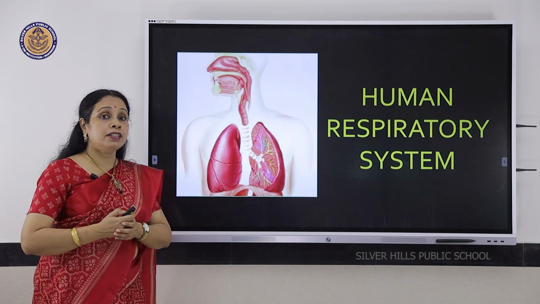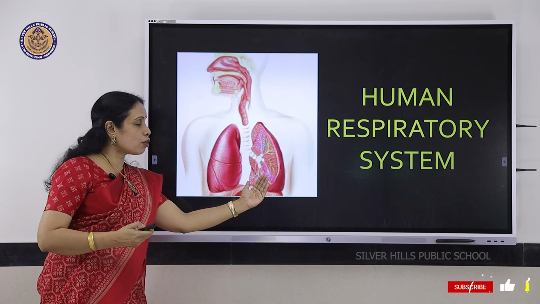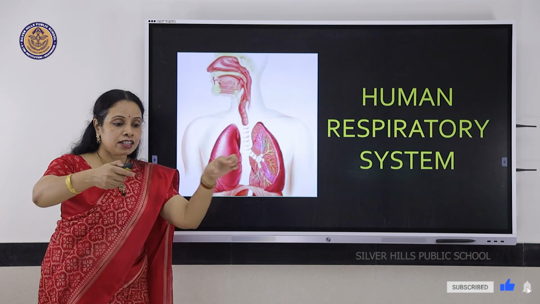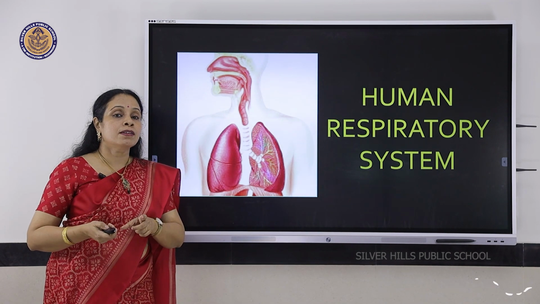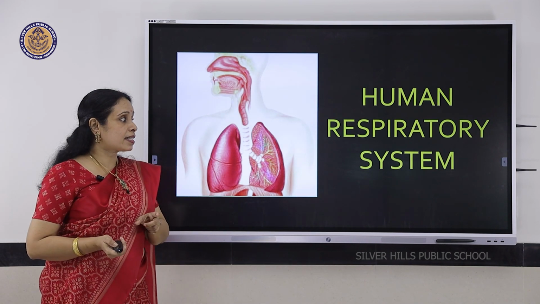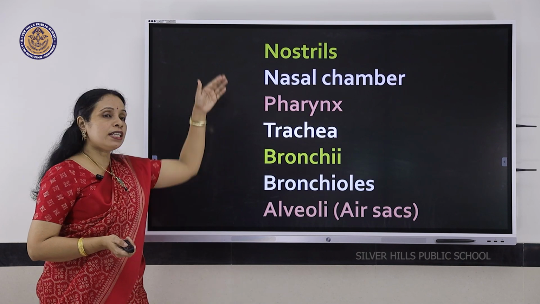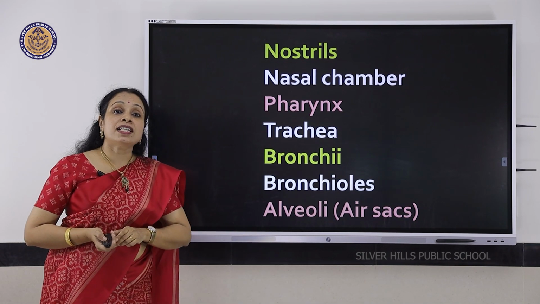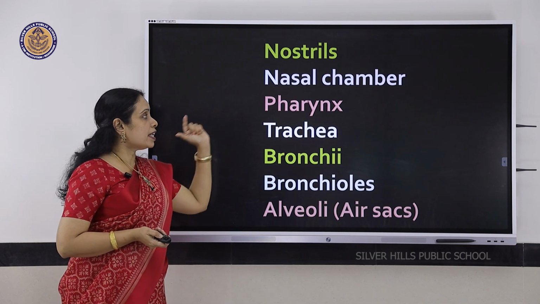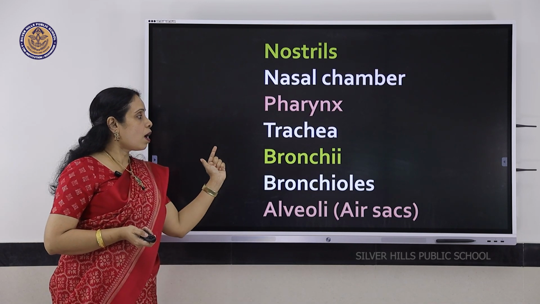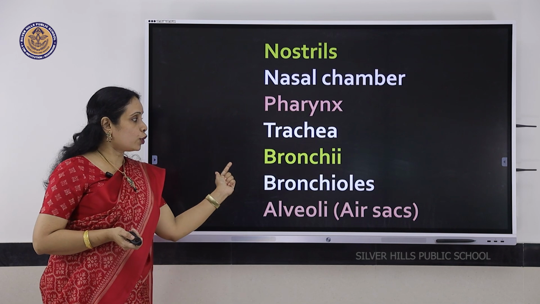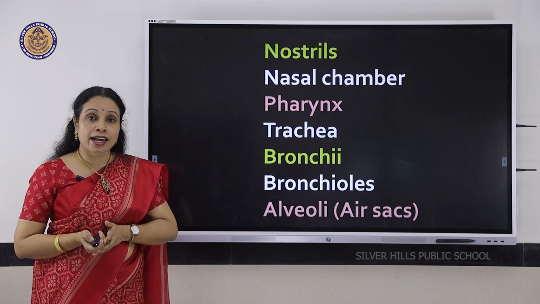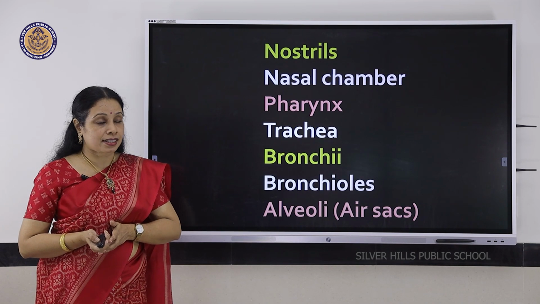You can't see it further, but if you take a section of the lungs, you will find the two bronchi dividing further into bronchioles, which end in air sacs. So these are the parts: nostrils, nasal chamber, pharynx, trachea, bronchi, bronchioles, and finally ending in the alveoli or the air sacs.